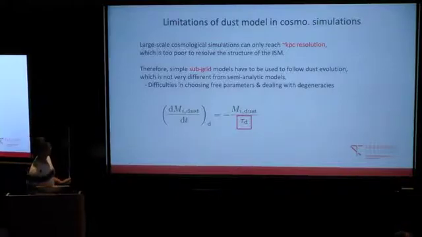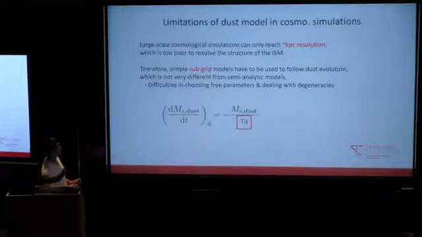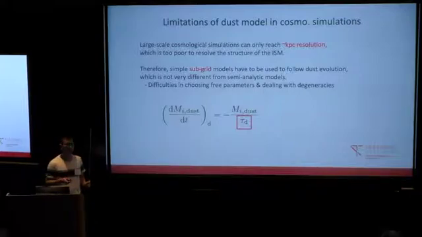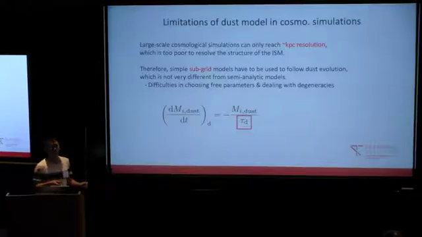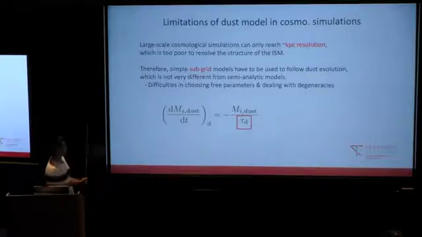So the thing that they end up doing, just like typical galaxy formation simulations, is adopting some subgrid models that have certain parameters that you have to fine-tune or calibrate in order to reproduce certain observations.